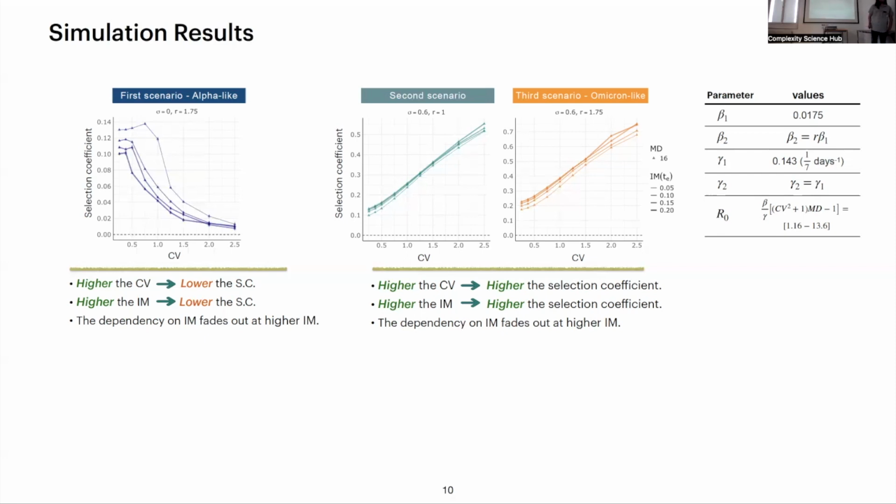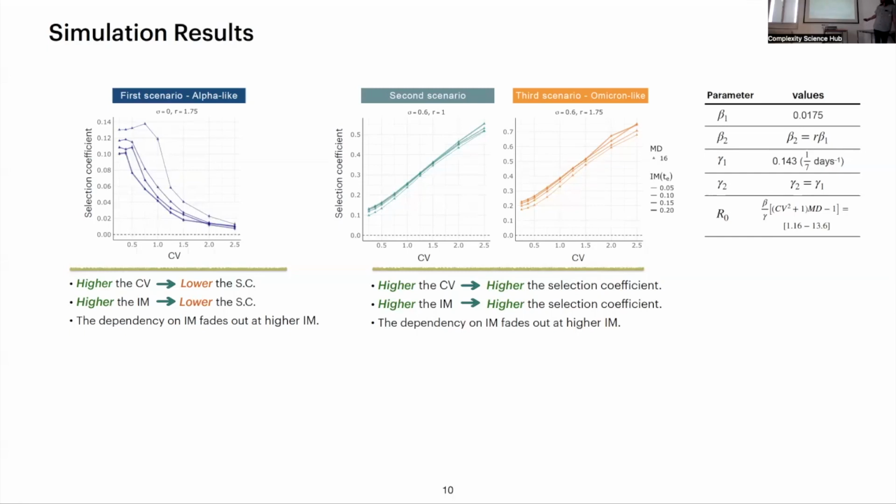Okay, but I'm a bit confused. Maybe it's because I don't see the axis labels really clearly in this view. First you're showing the selection coefficient versus the heterogeneity of the network for the first scenario? Yes.